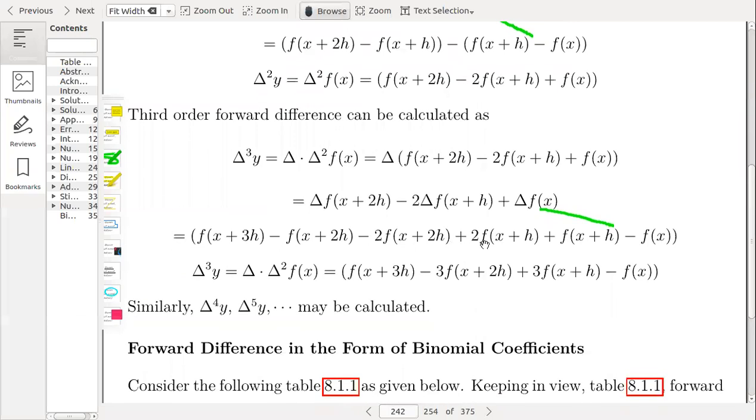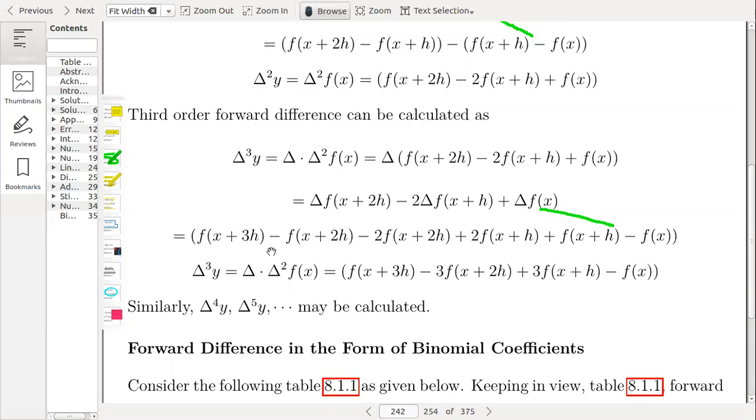Now we can simplify. This f of x plus h and 2 f of x plus h are similar terms, so we can add them: 3 f of x plus h. And here, minus f of x plus 2h and minus 2 f of x plus 2h are similar terms, so we can add them: minus 3 f of x plus 2h.